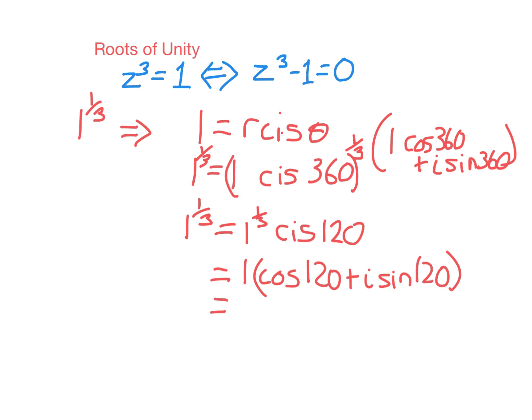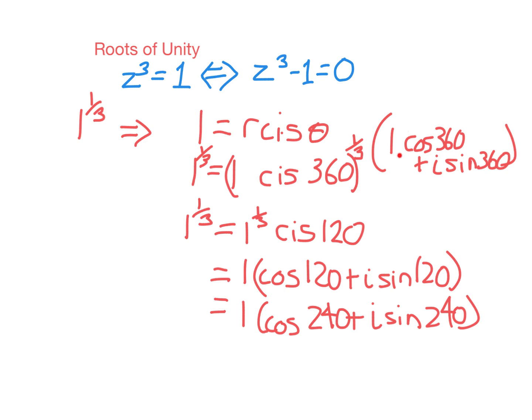So it will actually be 1 cos of 240 plus i sine of 240. If you don't remember, you can just put cos of 120 and sine of 120 in your calculator, similarly for 240. So we get these three solutions.